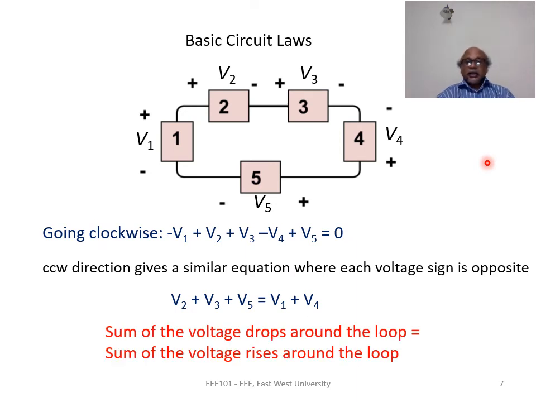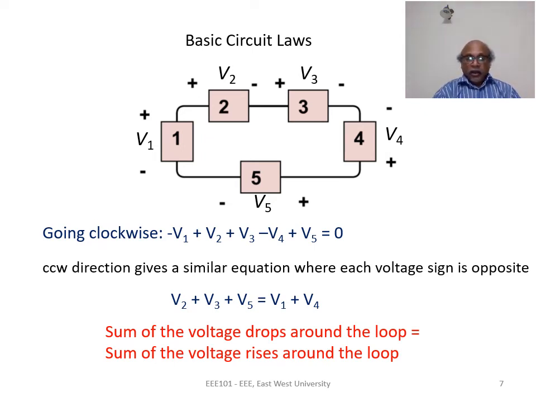This is again an alternate representation of KVL. And this tells us that if we had written the KVL by going in the counterclockwise direction, we would have obtained the same equation. The sign of each voltage would have been opposite.